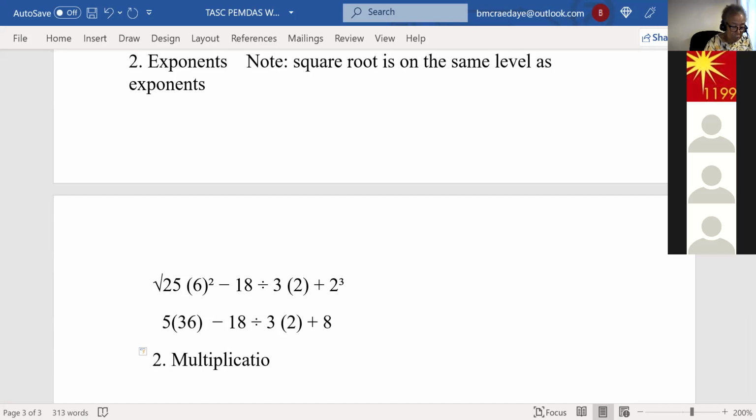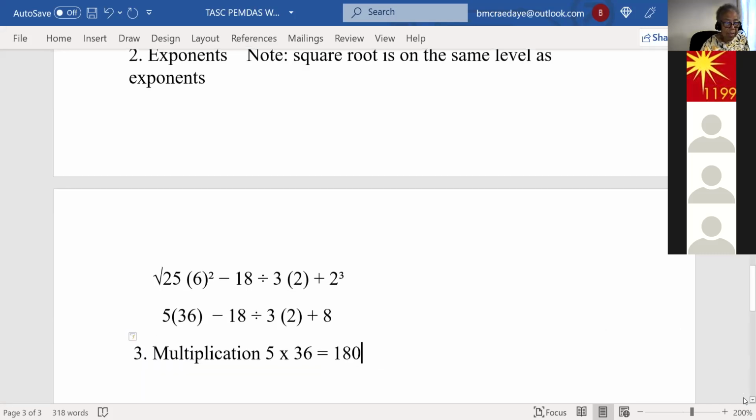And the multiplication here would be what? 5 times 36, which is equal to what? 180. Right? Okay. So we did a multiplication.